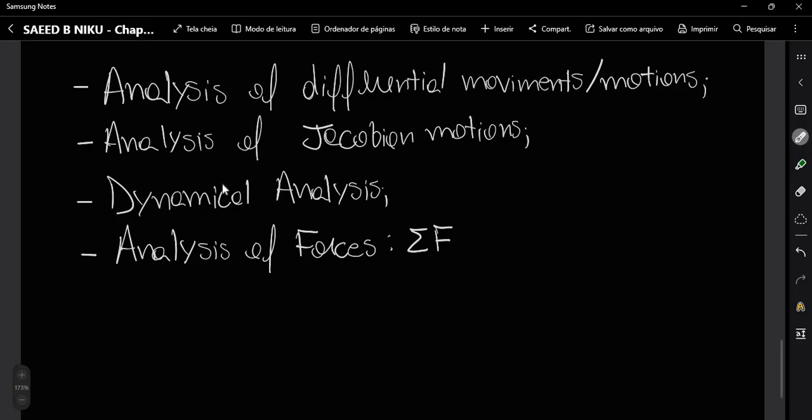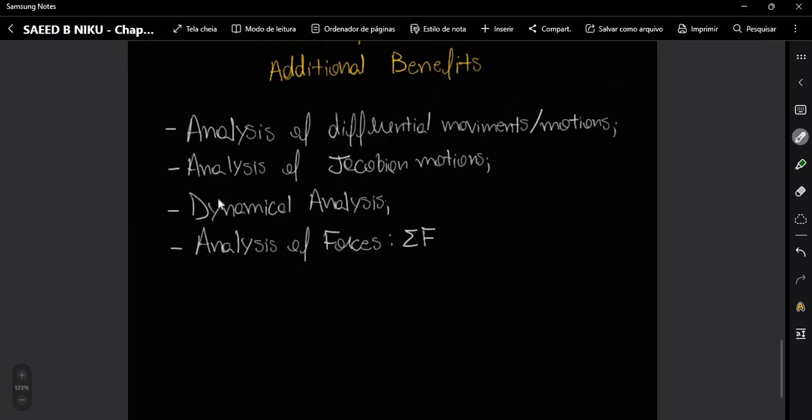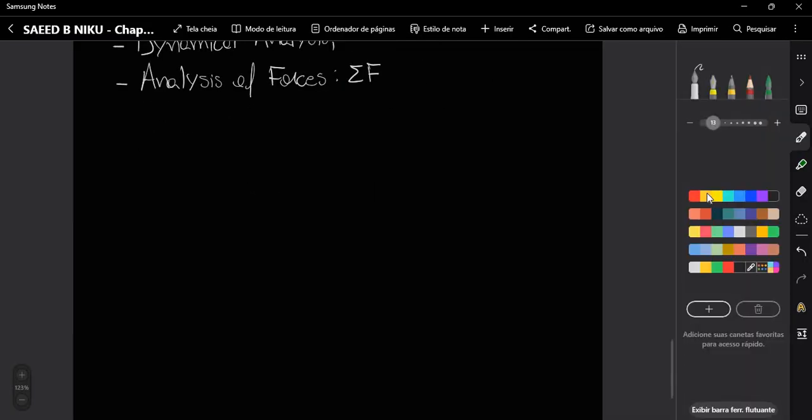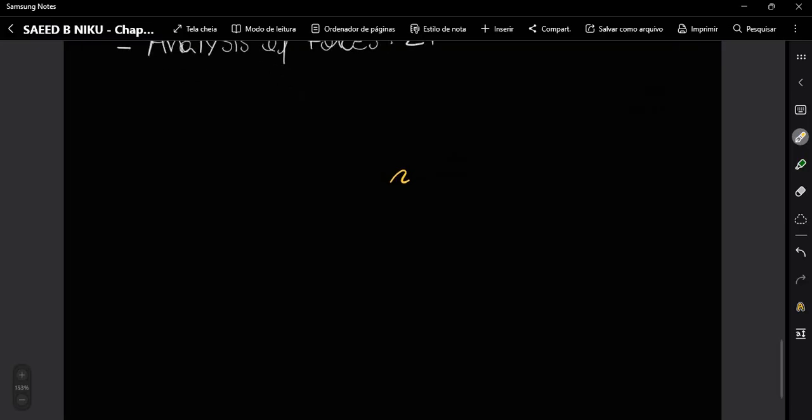And robots have certain characteristics, and when we use this DH representation, we can cover these characteristics of the robots. Like, let me change the color because it's important.